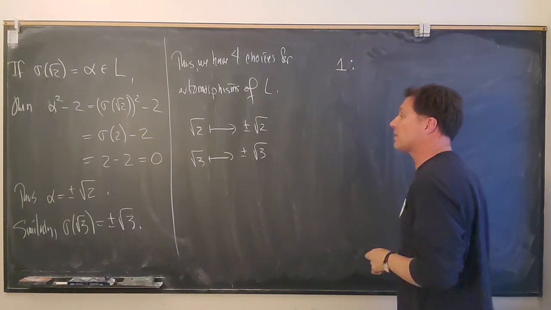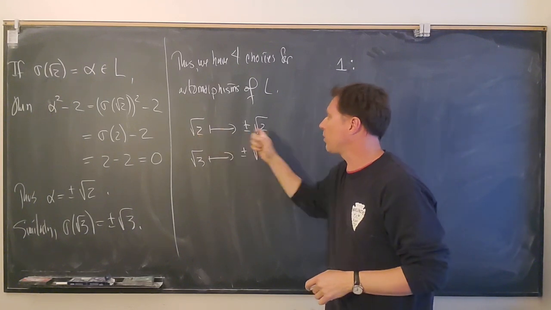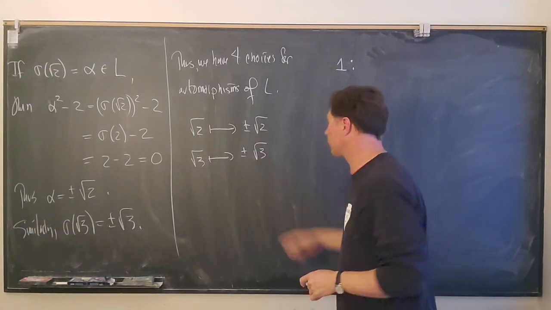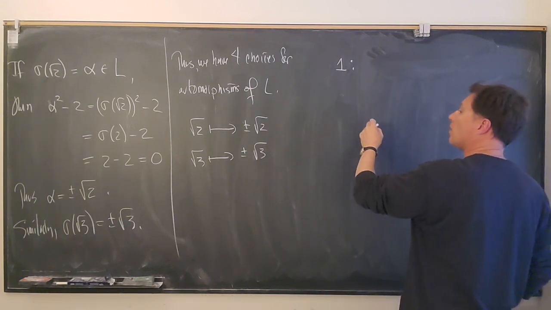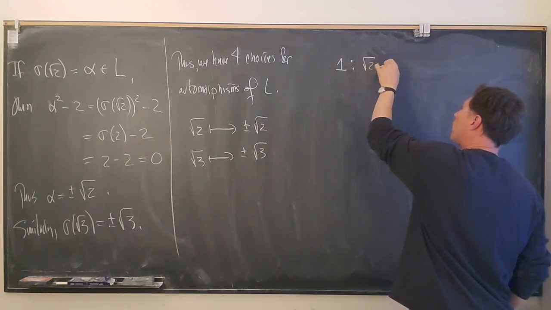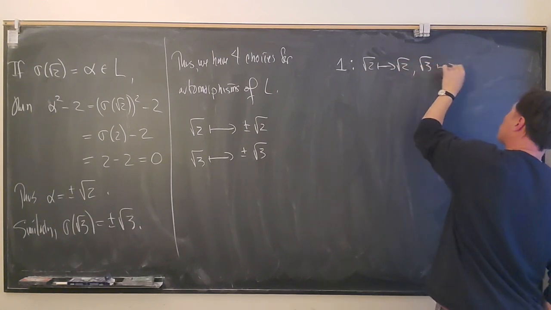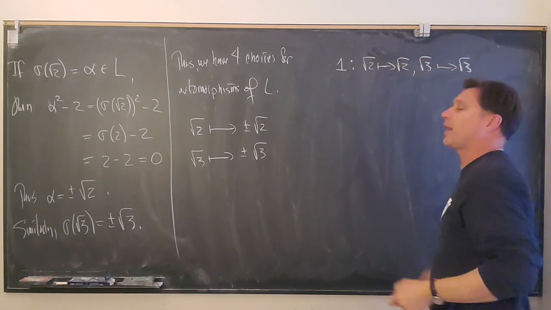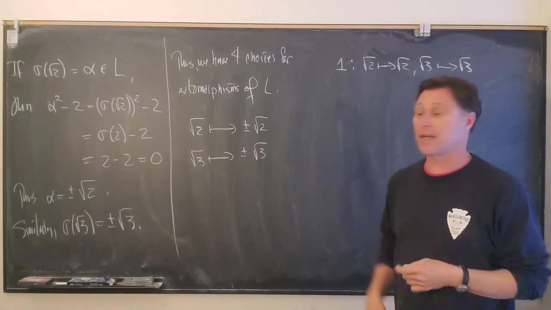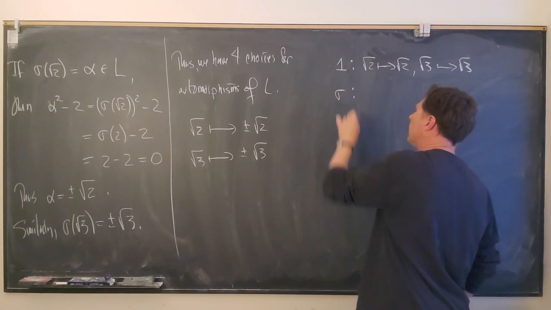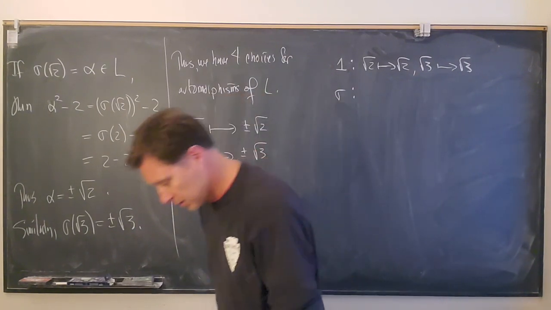That's the one that sends root 2 to root 2 and root 3 to root 3. If that happens, then everybody goes to itself. It's the identity mapping.